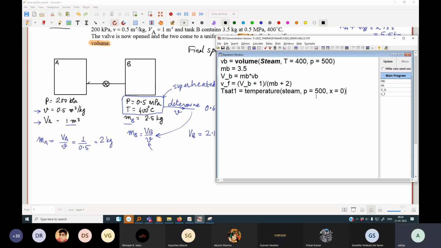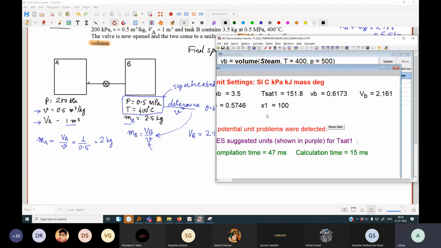Okay, let's write down both the commands. So x1 equal to quality steam, T equal to 400. So we get x1 equal to 100. Very good. And Tsat 1 is 151.8.